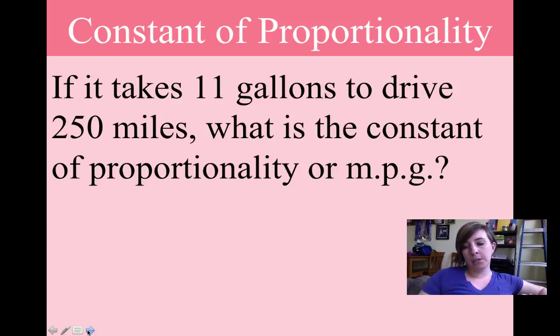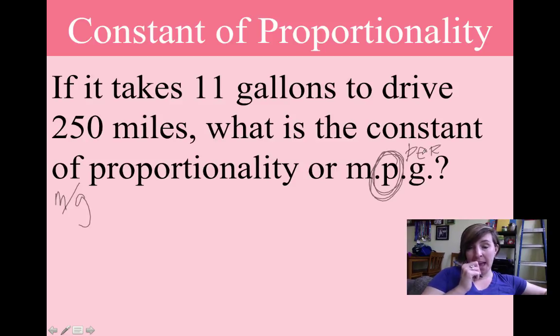Okay, so we're going to get into comparing, finding constant proportionality as it applies to miles per gallon. I want you to make note of the way that I say miles per gallon. You will always hear it written like that. If I do miles per gallon, this P means per.